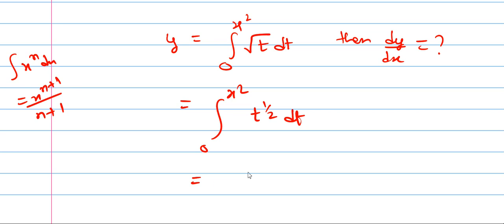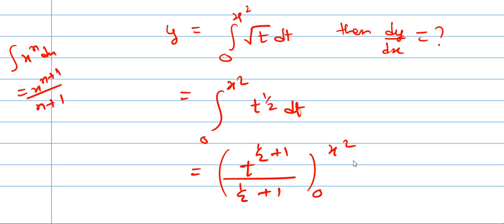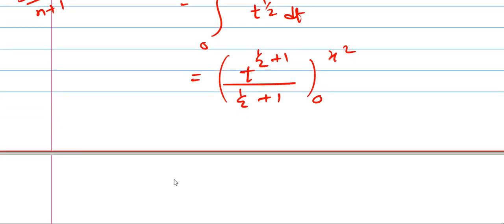So use this fact. So this becomes t raised to power 1 by 2 plus 1 divided by 1 by 2 plus 1. Limits are 0 to x square. So this is nothing but t raised to power 3 by 2 upon 3 by 2, that means 2 by 3.